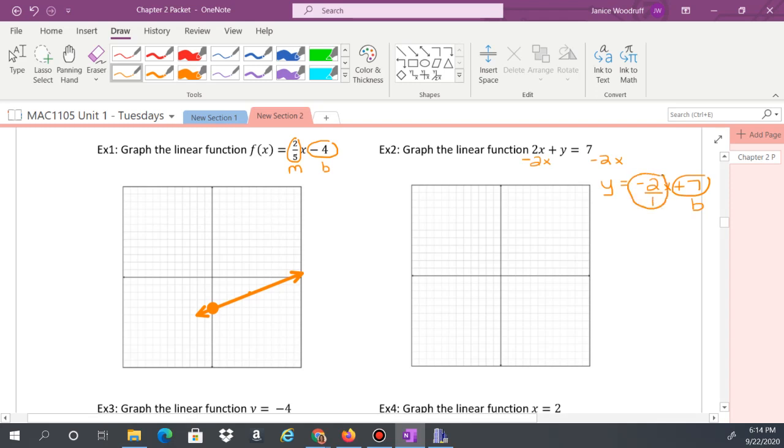My rise is negative 2. My run is 1. So I'm going to start at positive 7, 1, 2, 3, 4, 5, 6, 7 on my y-axis. There we go. And then I'm going to go down 2 because of the negative, and then to the right 1. So then my line should look like this.